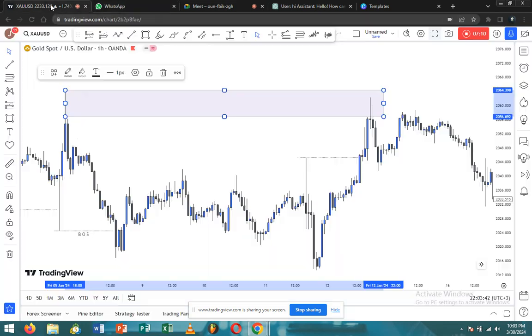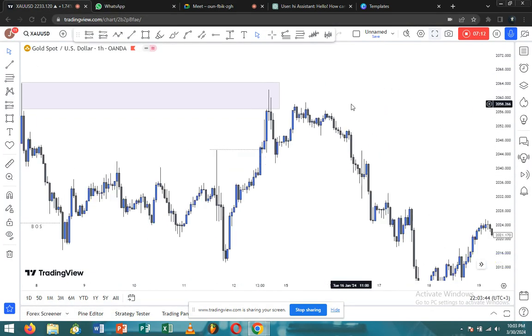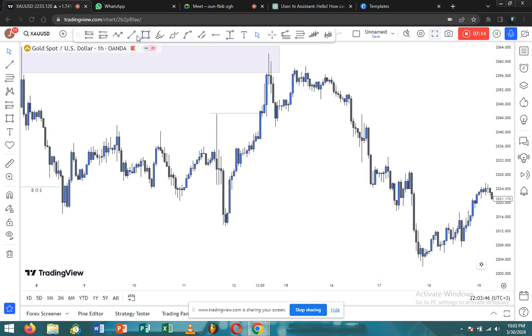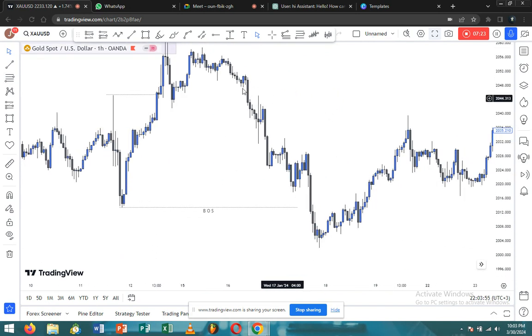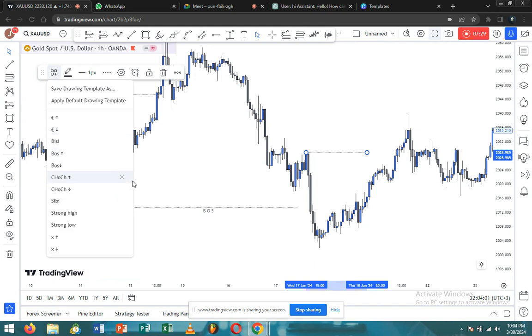Anyway, let's go. This one becomes a break of structure. So after a break of structure, of course, we are looking for inducement such that we can continue doing what? Such that we can continue selling.